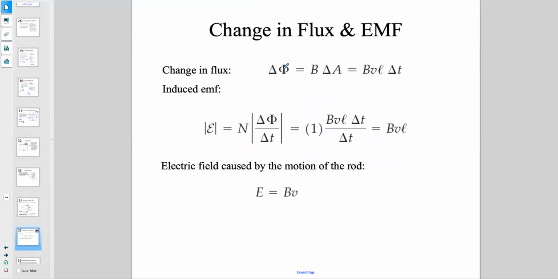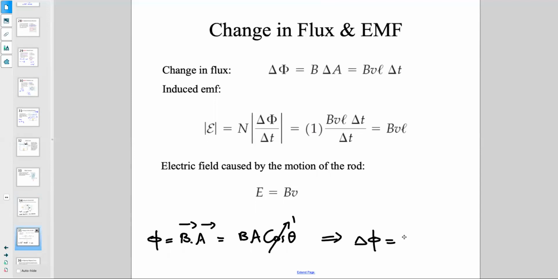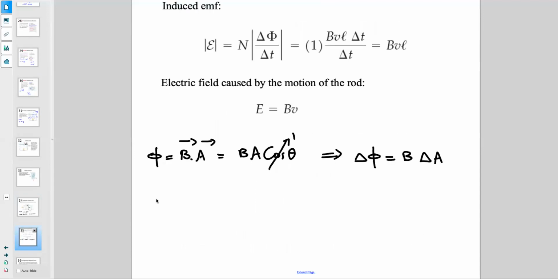Remember, flux phi was B dot A, which is B A cosine of theta. Let's say this cosine of theta is just 1. Then delta phi is B delta A.